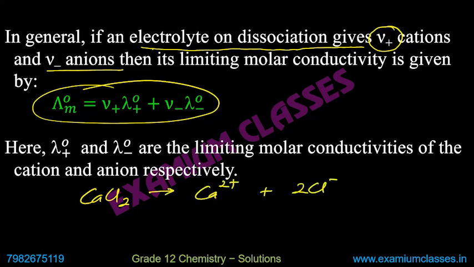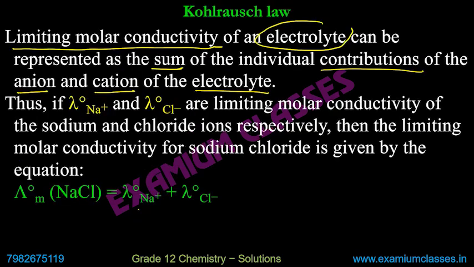So in this case, nu plus is 1 and nu minus is 2. These are multiplied by their number of ions simply. Then you will get the limiting molar conductivity of the whole electrolyte. In the previous case, we did not require this because the ratio was 1:1.